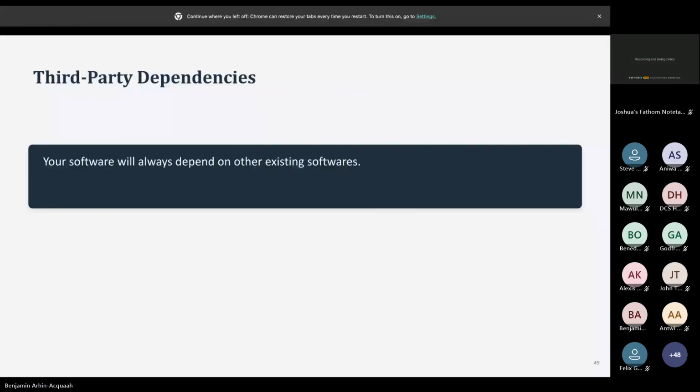So any other service that you are using to achieve your functional requirement or your goal is essentially a third party, and you always want to minimize your dependency on third parties if you think they are not necessary, right?